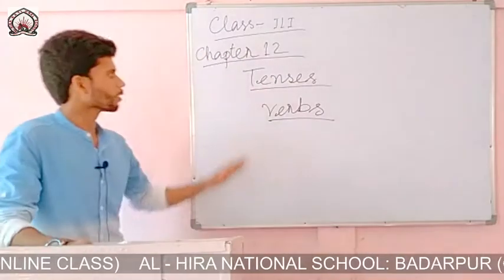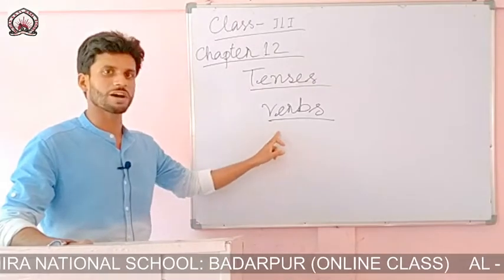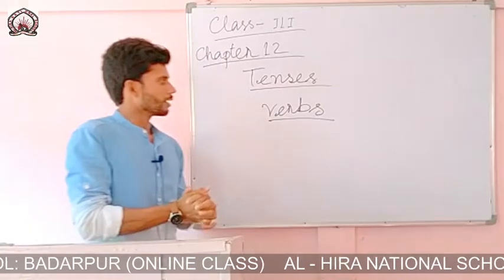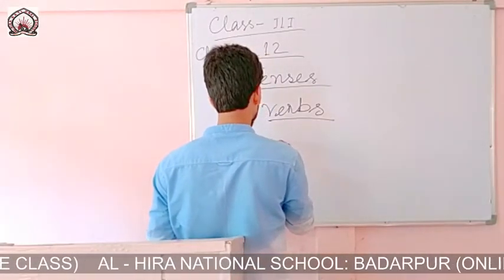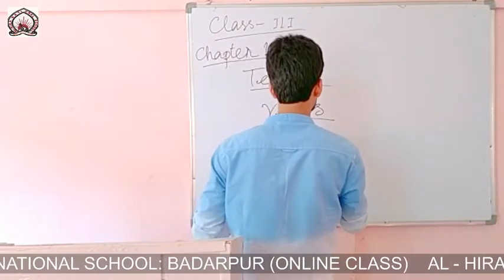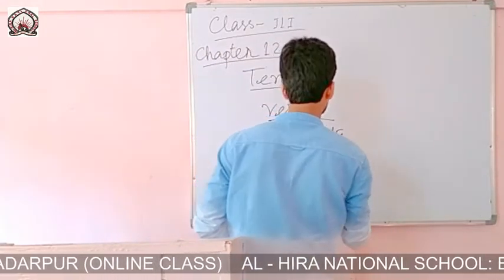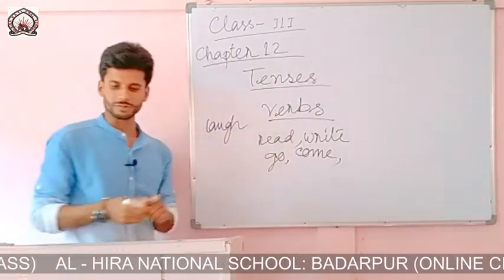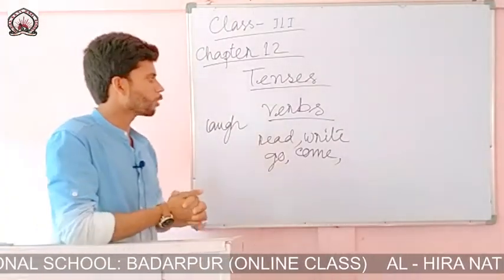Before directly going to tense, let's first try to understand verbs. What is a verb? Action words, or the words that refer to doing something, or doing words, like read, write, go, come, laugh. There are many verbs.